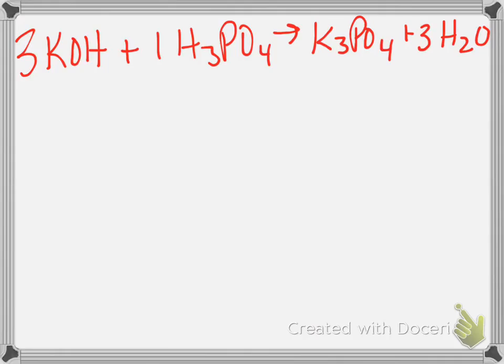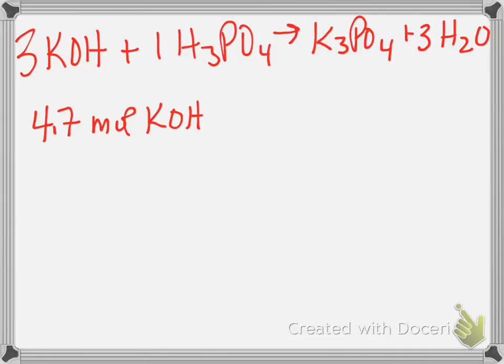Let's say I give to you 4.7 moles of potassium hydroxide. How many moles of phosphoric acid do you need to react that?